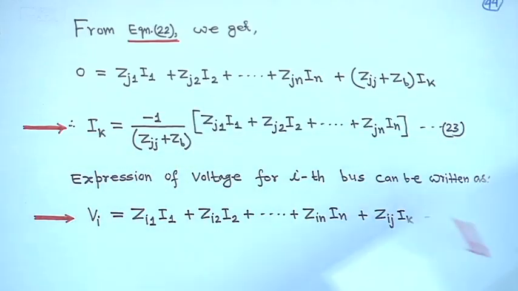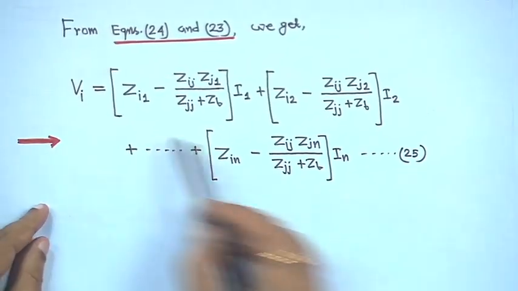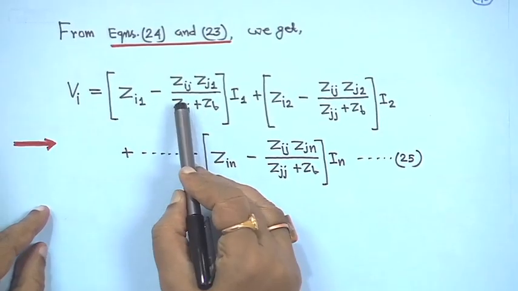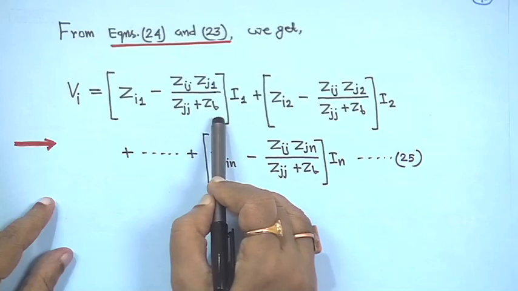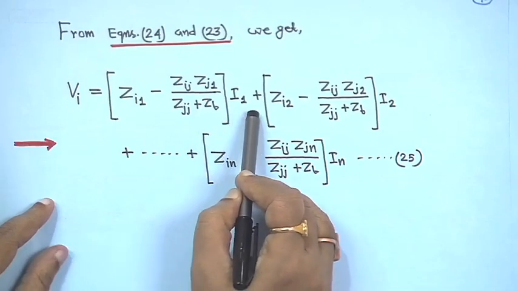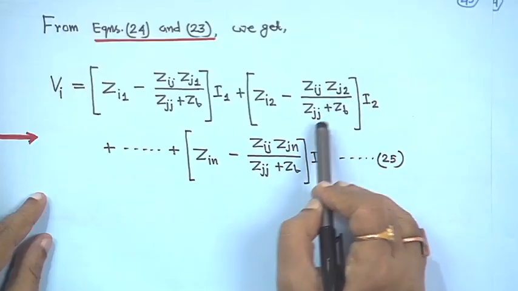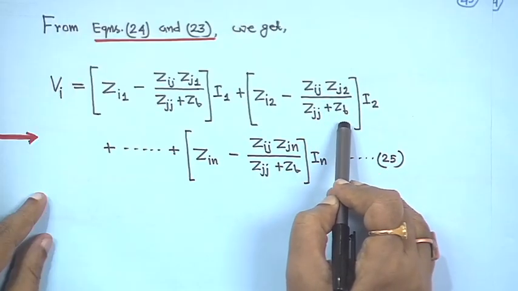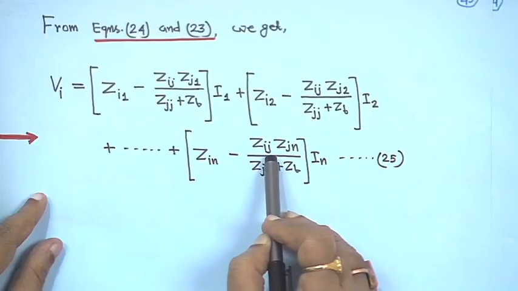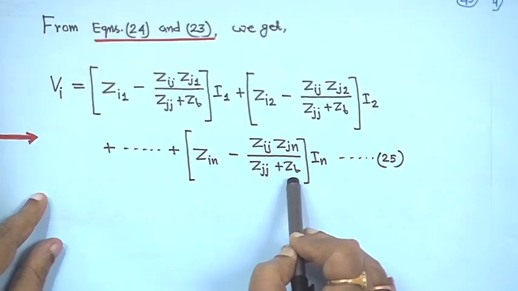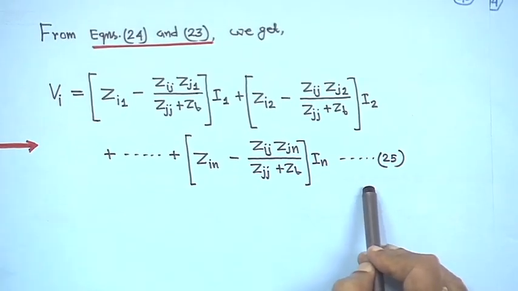Then you will get Vi equal to Zi1 minus Zij Zj1 upon Zjj plus Zb into I1, plus Zi2 minus Zij into Zj2 divided by Zjj plus Zb into I2, up to the nth term, Zin minus Zij into Zjn upon Zjj plus Zb into In. This is equation 25, right.